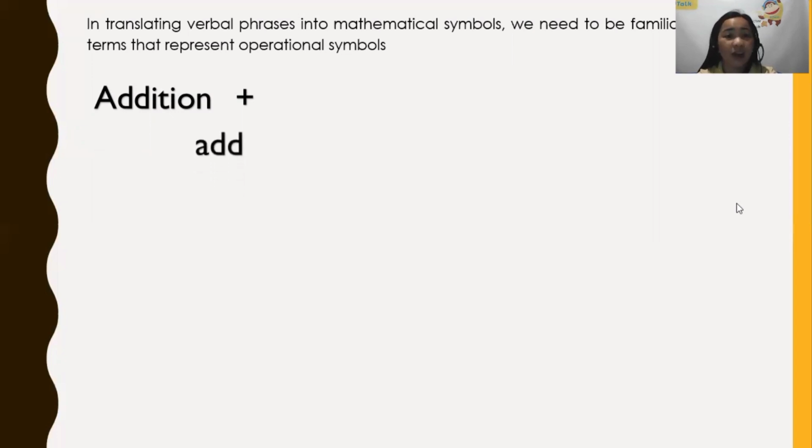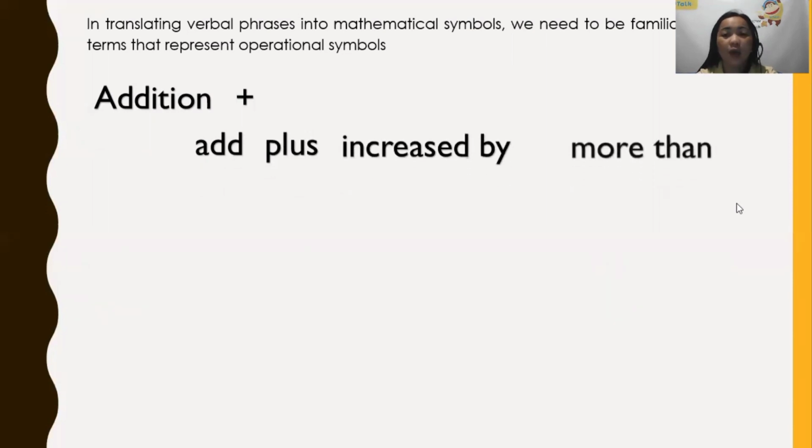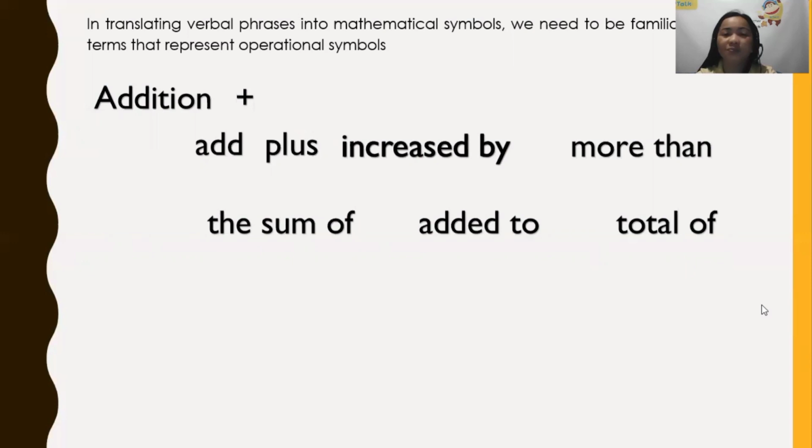We have the word add, plus, increase by, more than, the sum of, added to, total of. These are the terms that represent the operation addition.